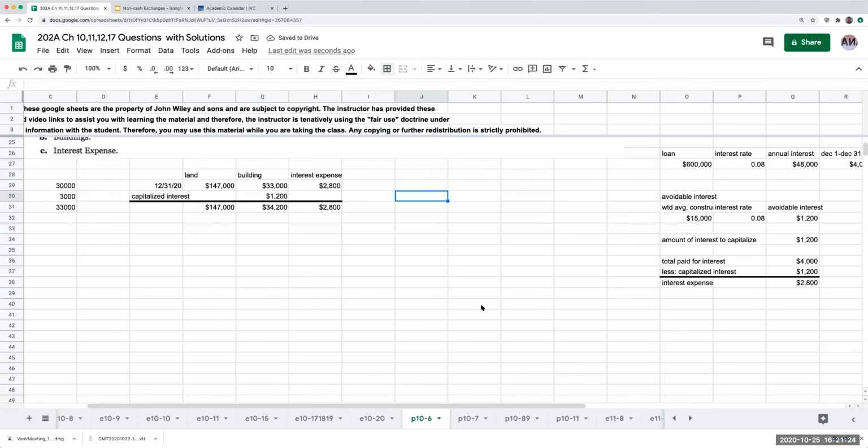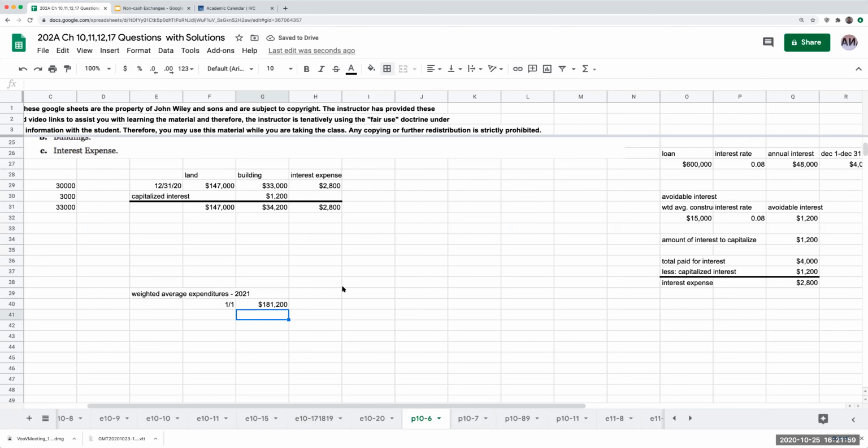So what I'm going to do is my weighted average construction expense, or my weighted average expenditures for 2021. I'm going to start with 1/1. I can just add up these two amounts. I'm going to add 147 and 34,200.